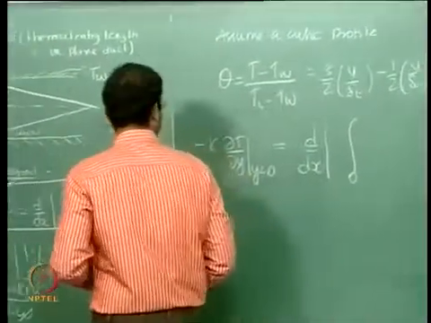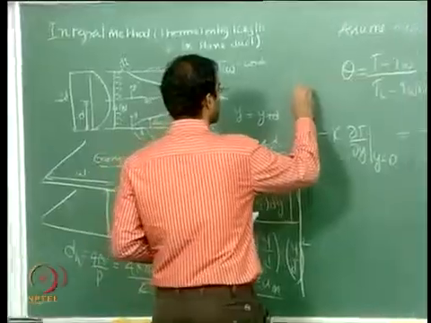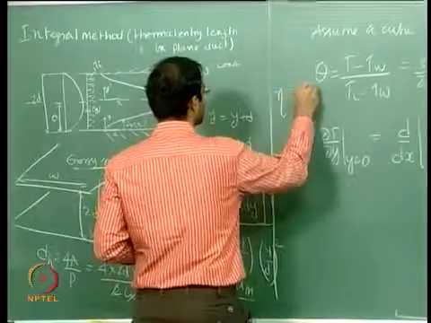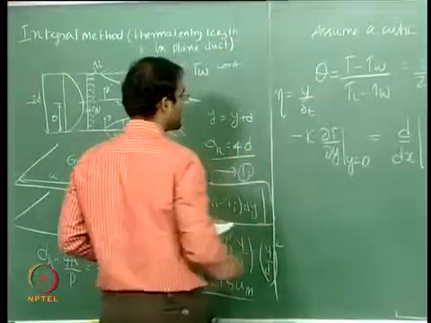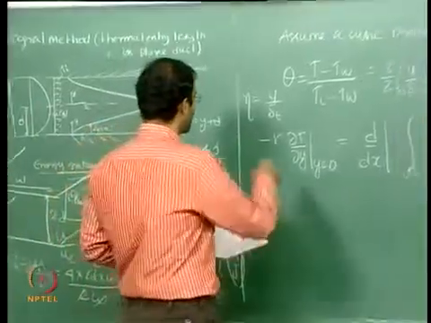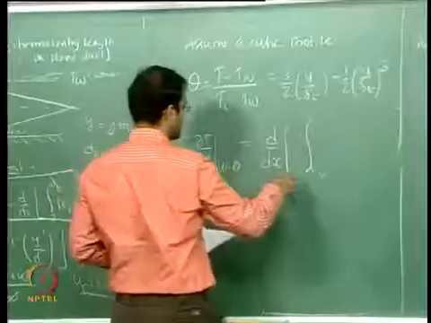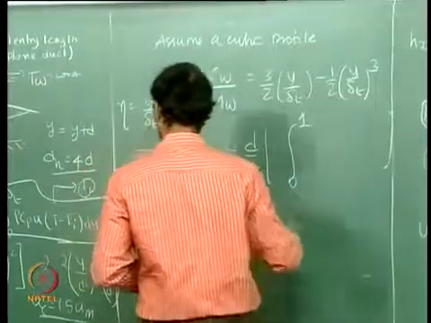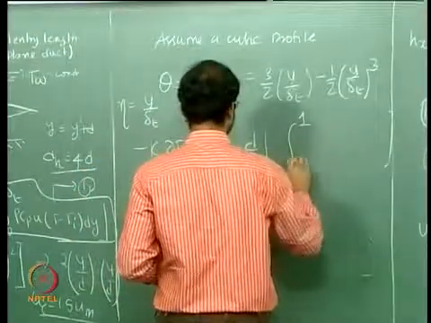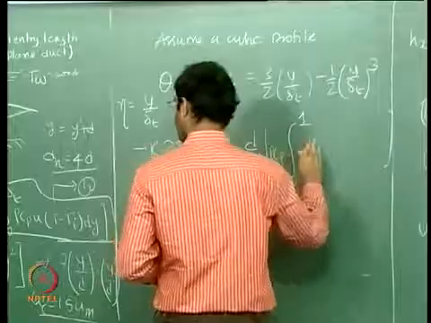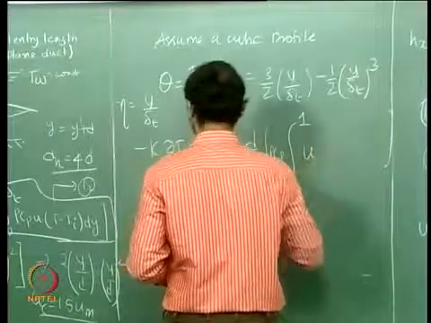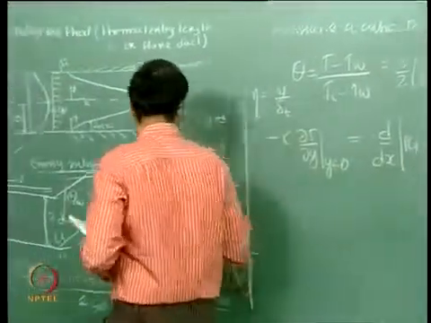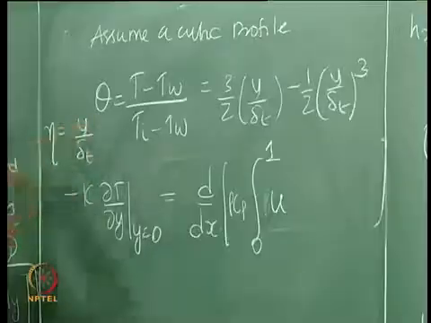Now I am going to use the non-dimensional coordinate for y, which I define as eta, equal to y by delta t. Therefore I can integrate across the non-dimensional coordinate so that the limits of integration become 0 to 1. So rho Cp into u into (T minus Ti) I can write in terms of theta.